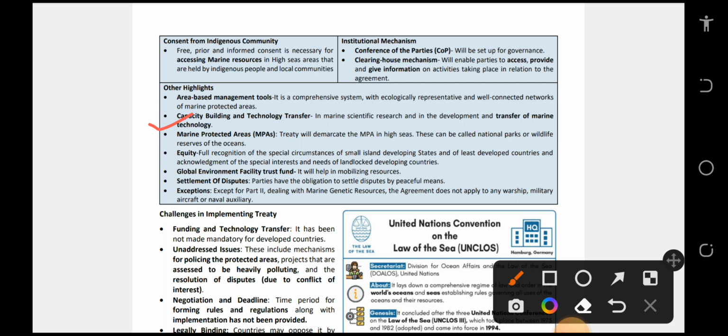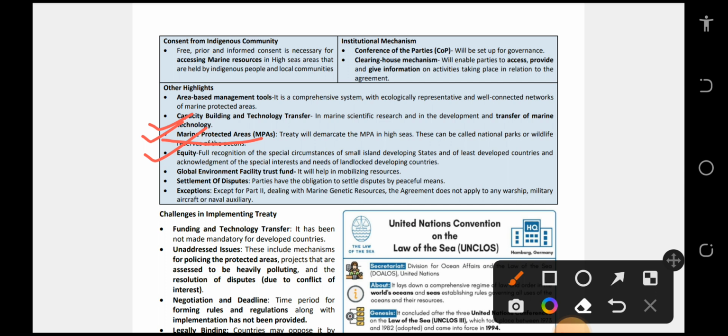What is this? Marine scientific research and the development and transfer of marine technology. Next, the treaty will demarcate marine protected areas in the high sea. These can be called the national parks or wildlife reserves of the ocean.